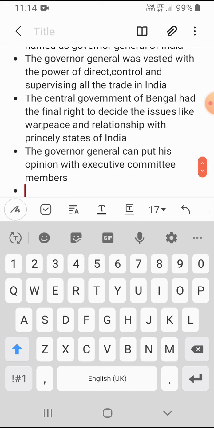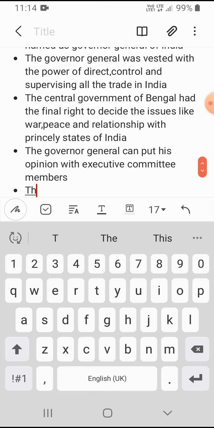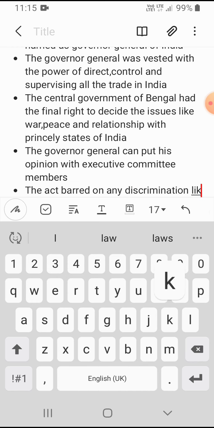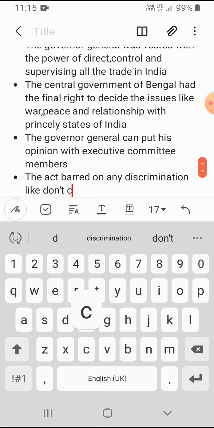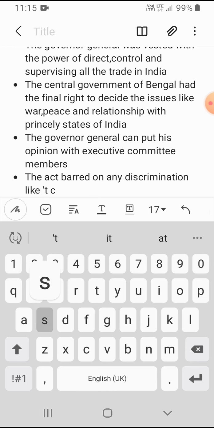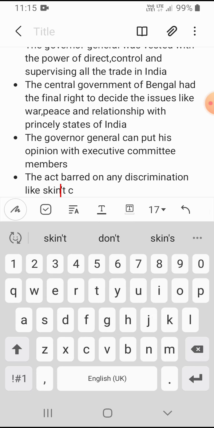The act barred any discrimination based on skin color, gender, religion, and birth.